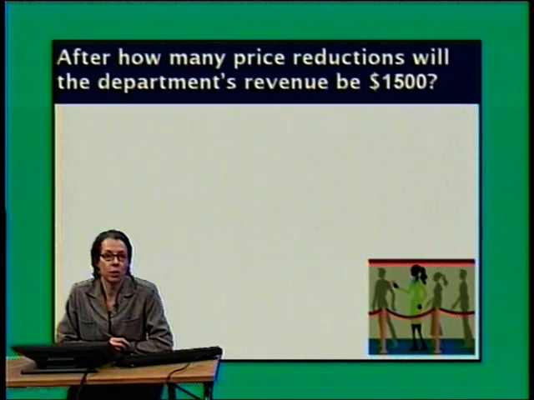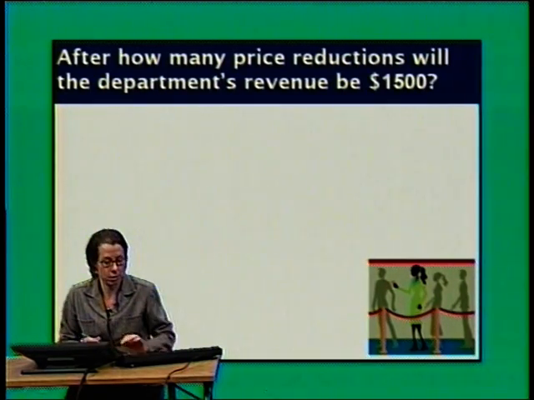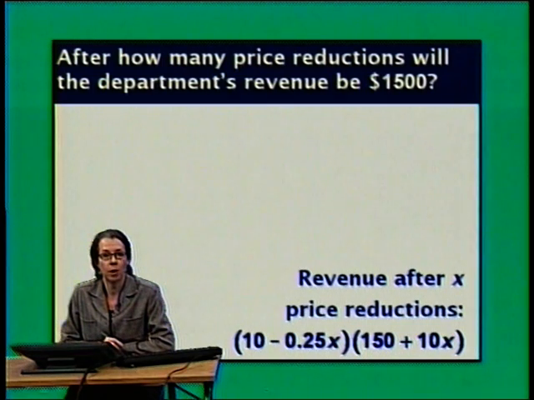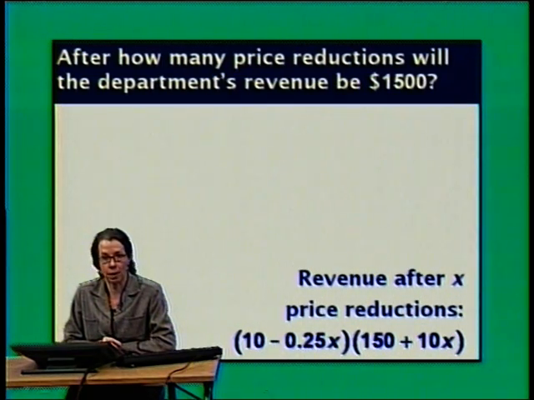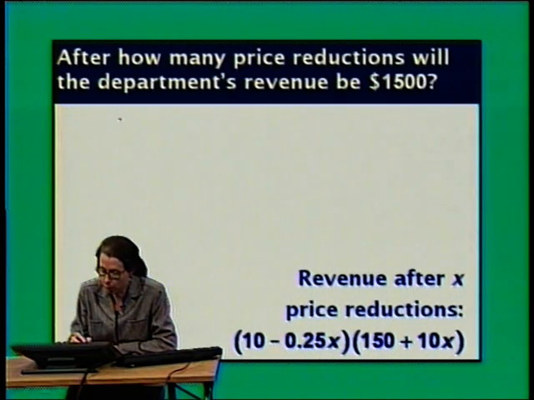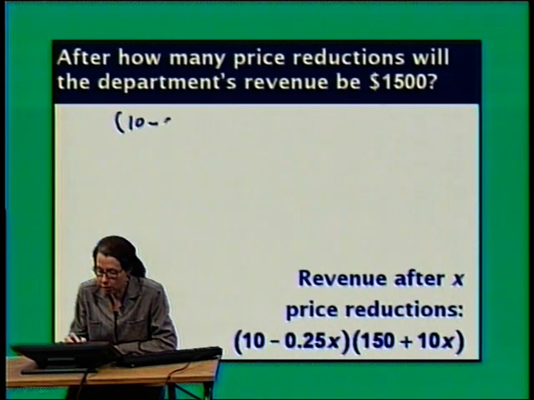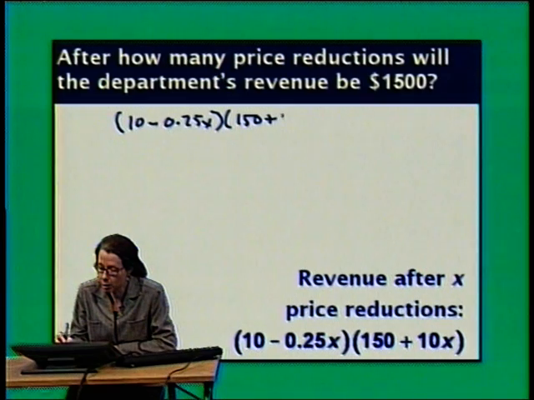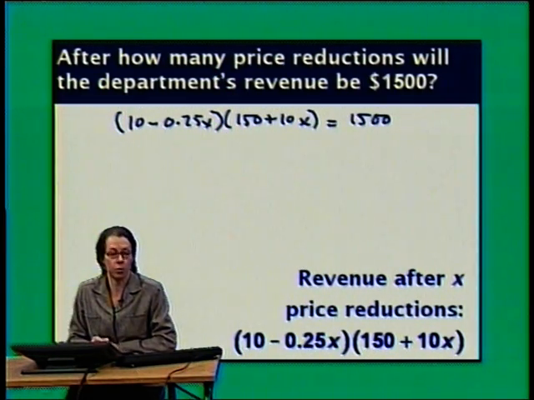So now the question was, after how many price reductions will the department revenue be $1,500? So here's the expression we just came up with. Let's write an equation. We want to solve the equation (10 minus 0.25x) times (150 plus 10x) equals $1,500.